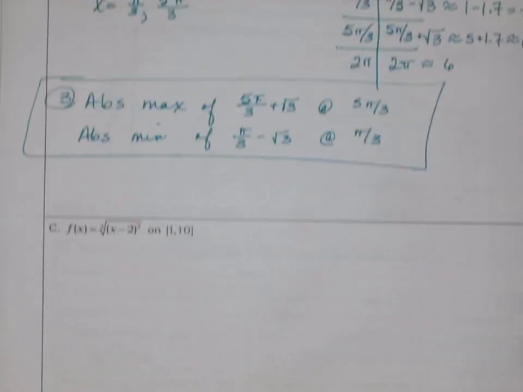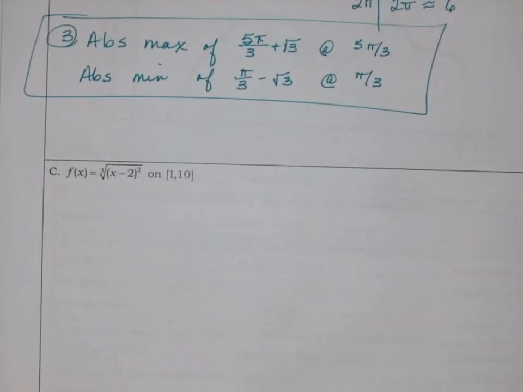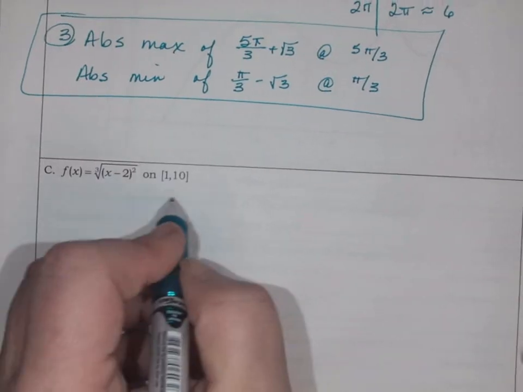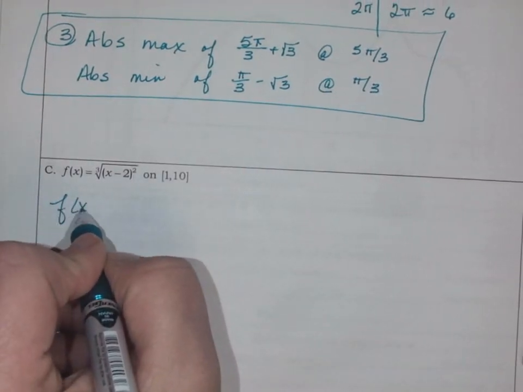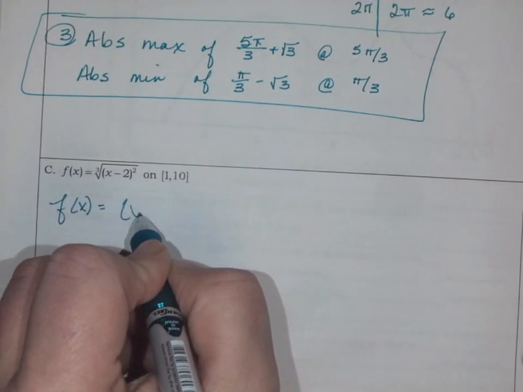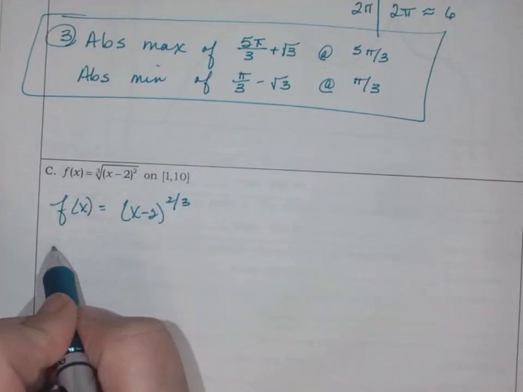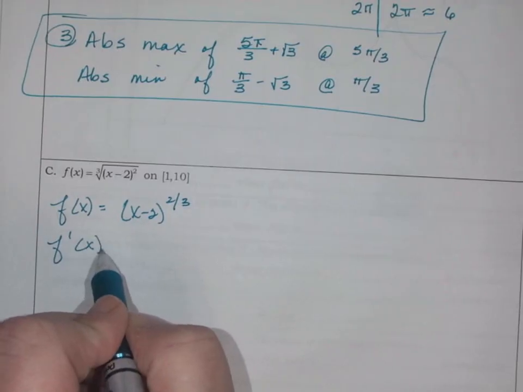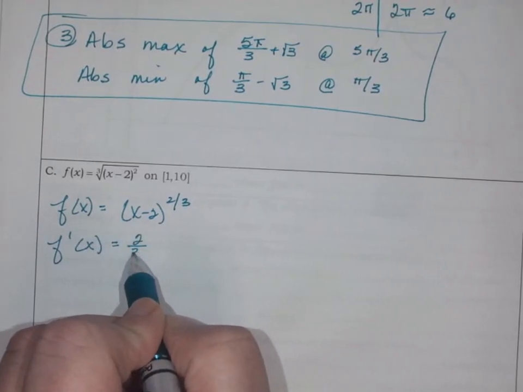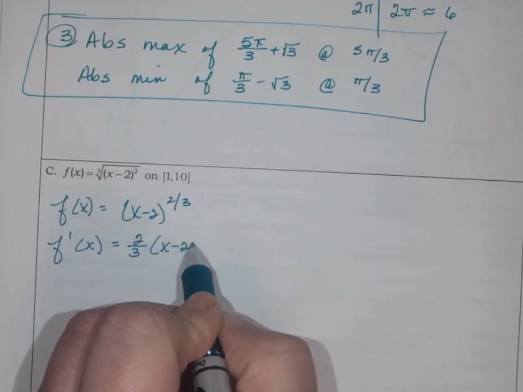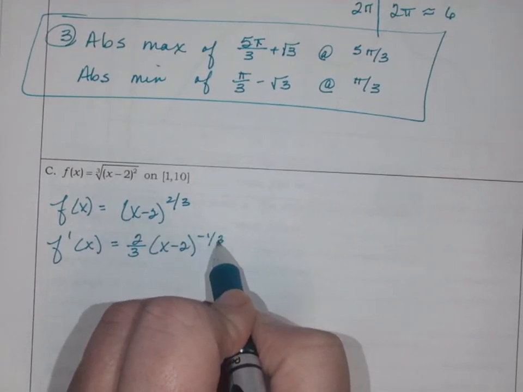All right, last one. We've got cube root of x minus 2 squared. So I'm going to rewrite this as f of x equals x minus 2 to the 2/3. All right, so the derivative, f prime of x, is going to be 2/3 times x minus 2 to the negative 1/3.